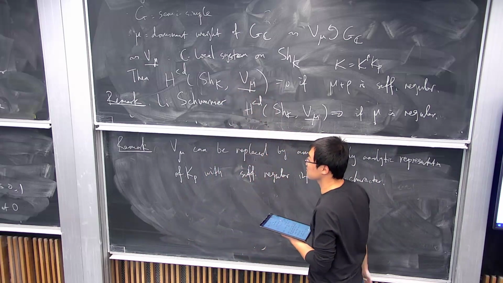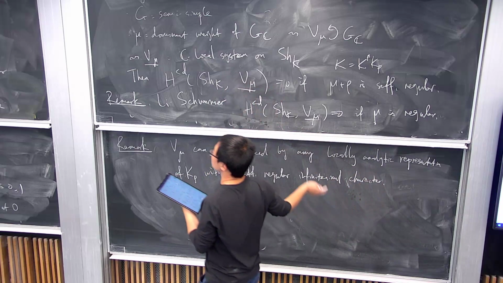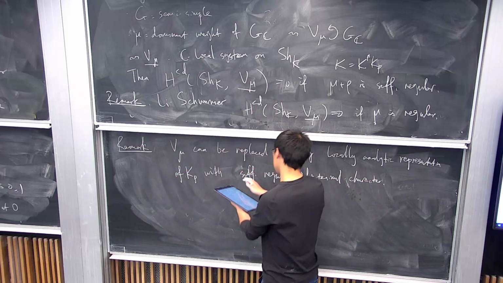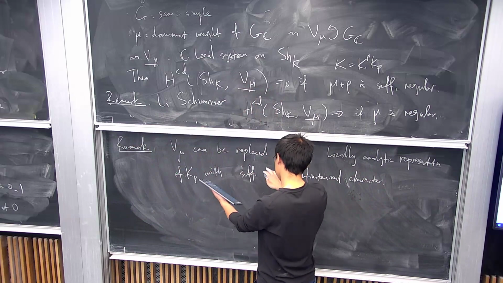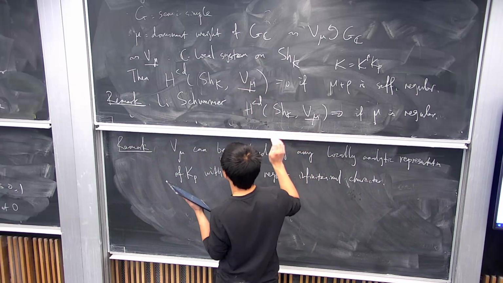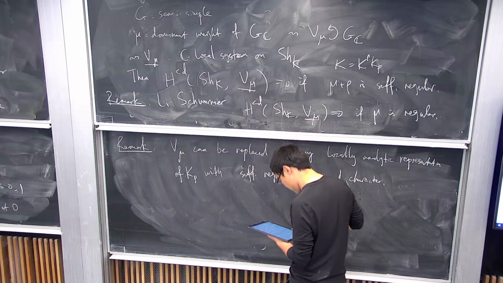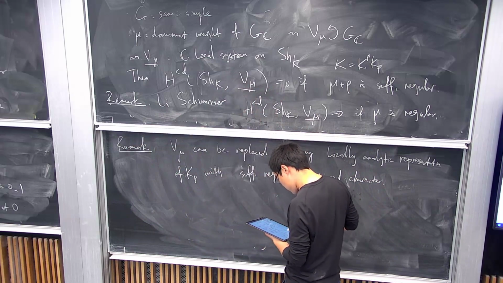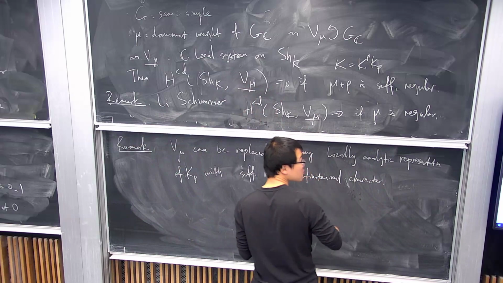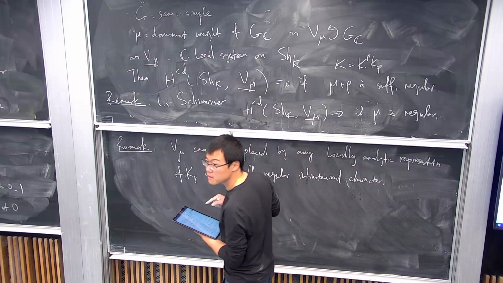That's why I say that once you prove something for completed cohomology, it gives you a result for any other p-adic interpolation. The last remark I want to make, and then I want to move on to the proof. Are there questions before doing that?